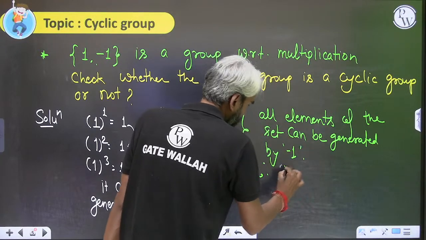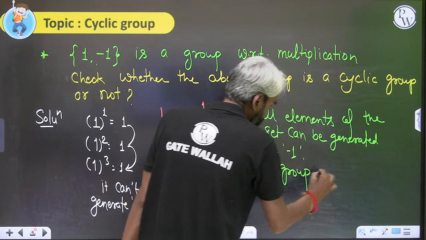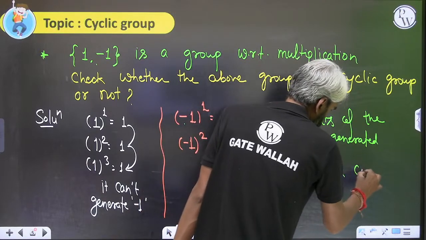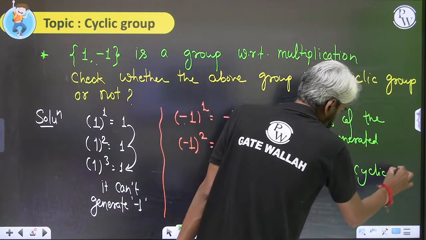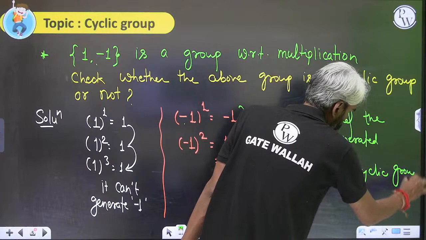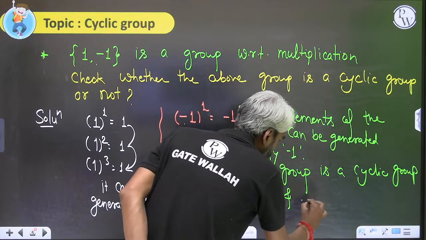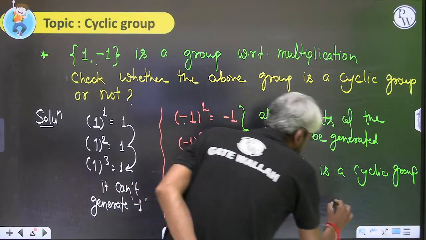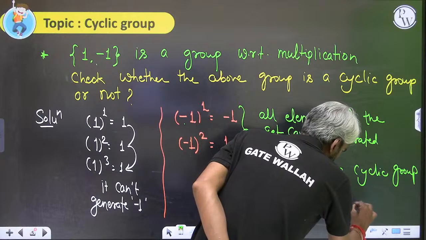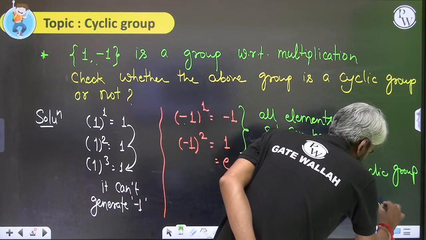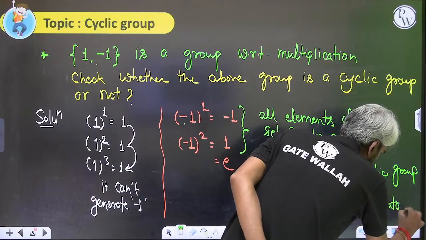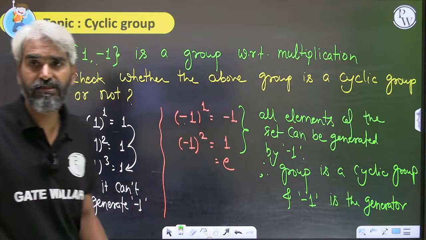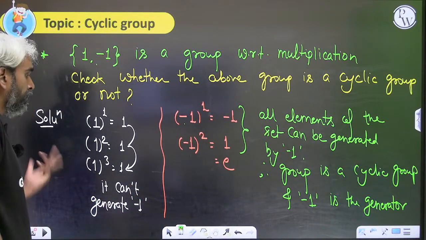Therefore, the group is a cyclic group and minus 1 is the generator. That's the first thing.